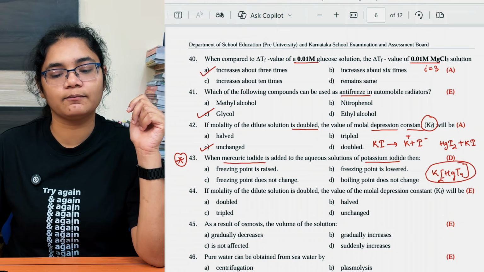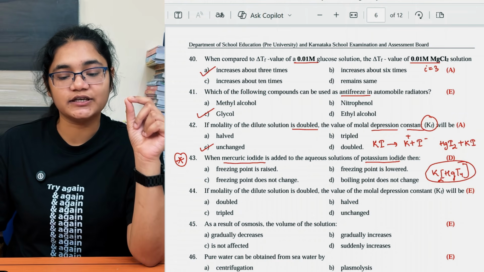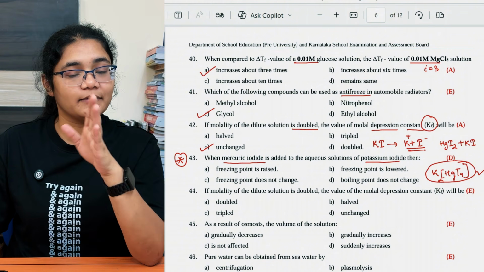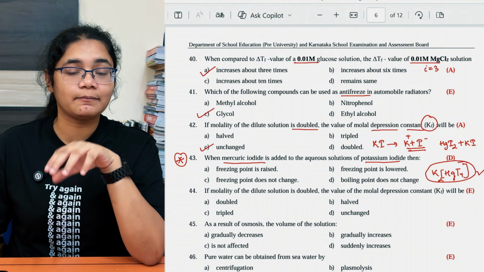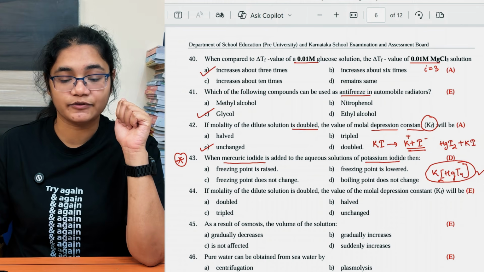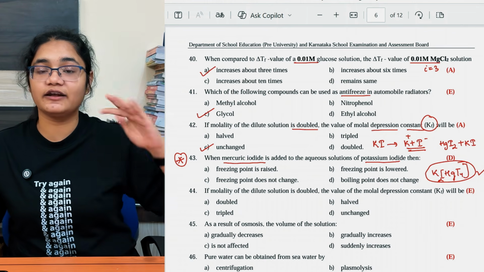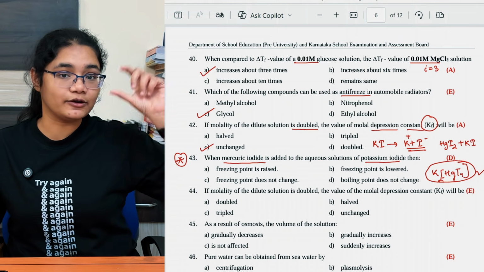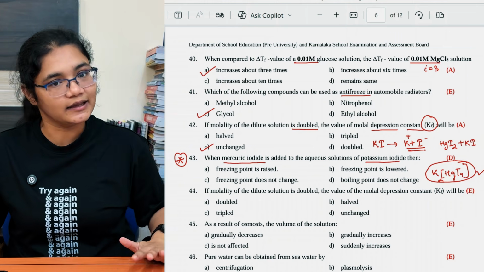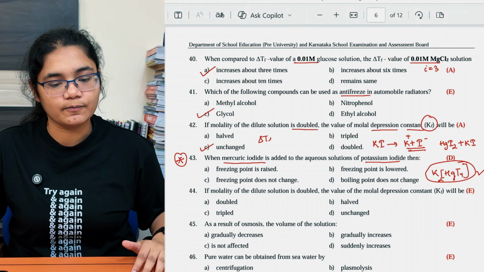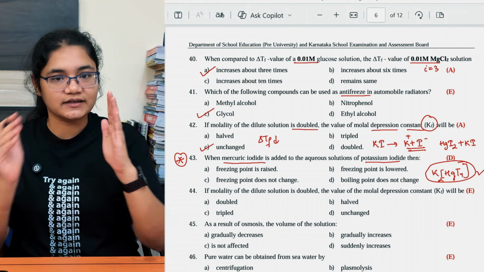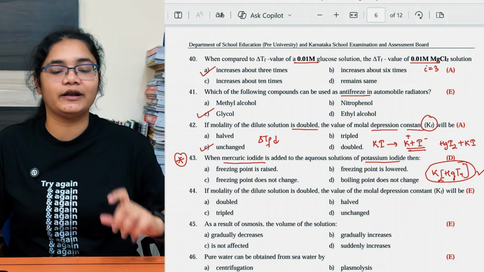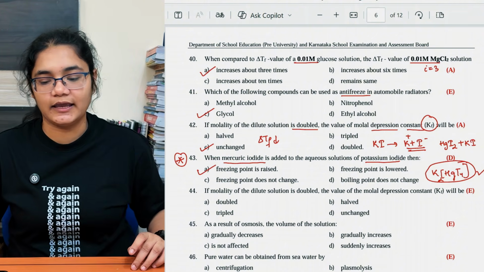The formula is not important, but when I add this HgI2, from two particles it becomes one particle. Sorry, the number of particles decreases, so the colligative property will also decrease, and the ΔTf value will decrease. If the ΔTf value decreases, that means the freezing point will increase, right? Less depression is taking place, that means the freezing point has increased, so option A here.